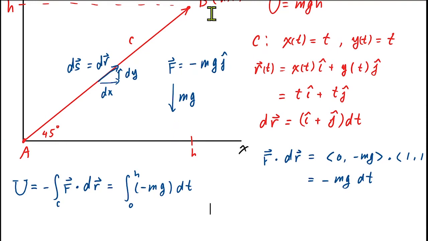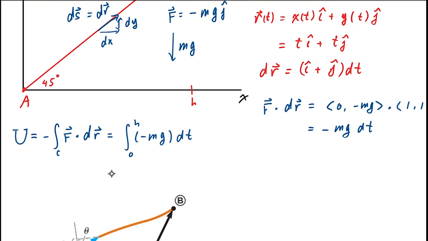An easier way I like to think is this F dot dr or F dot ds is work done by the field to the object. And this negative F dot dr is the amount of work that you have to do in order to store the potential energy in that position. How's that? So the negative sign just depends on whether you want a positive answer or negative answer at the end. Okay, now we'll continue.